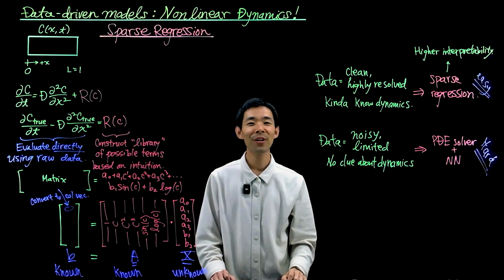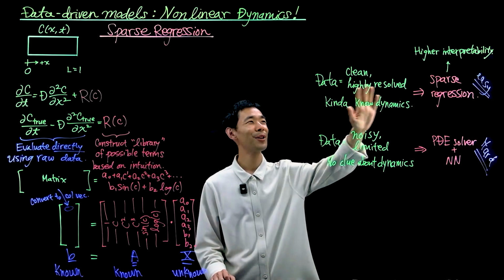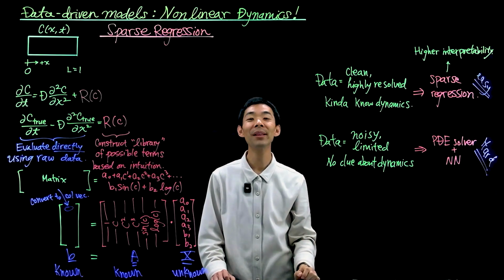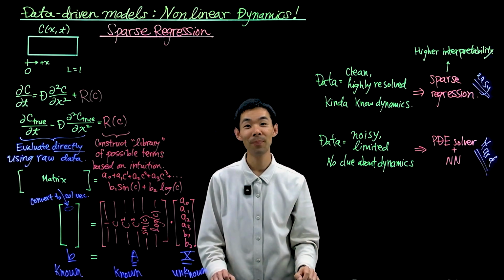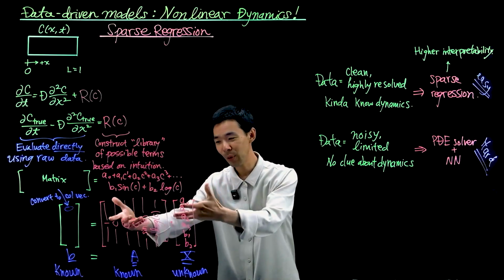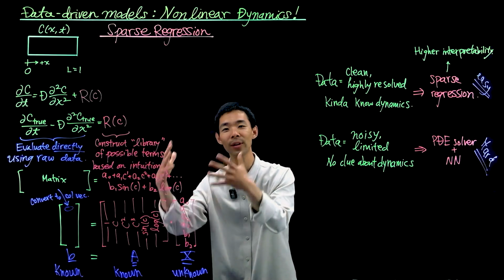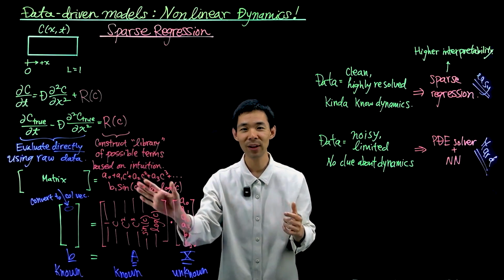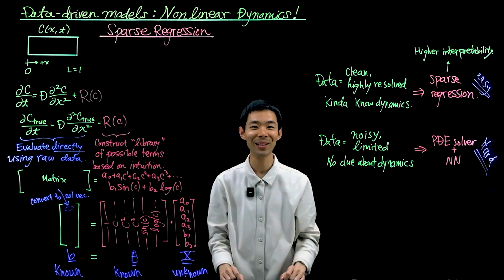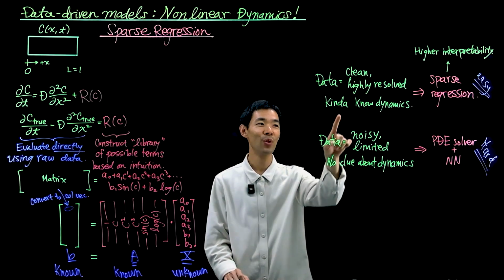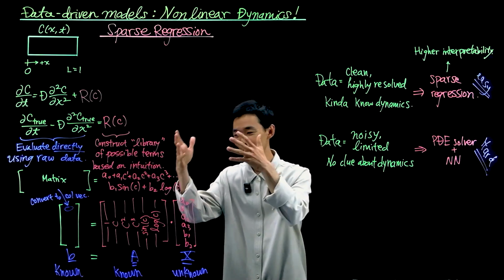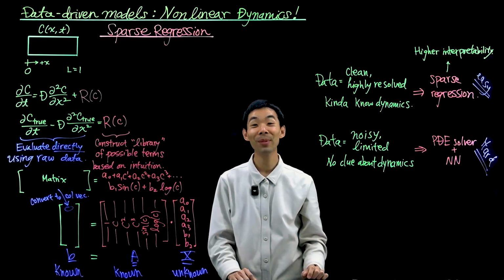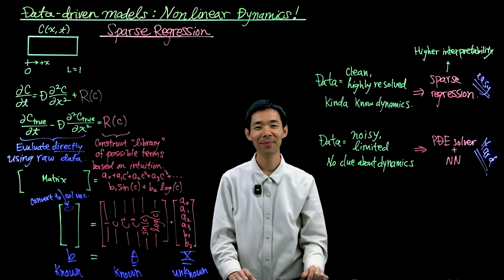And the major pro of sparse regression is that you're going to have a higher chance of interpretability of the resulting model because you've only put into the problem, or you constrained it using terms that are in the library. It's never going to find a term that you didn't put inside your library. Therefore, if you kind of know the dynamics, you know what terms to put in your library, you're going to get a much higher interpretability of your resulting model.